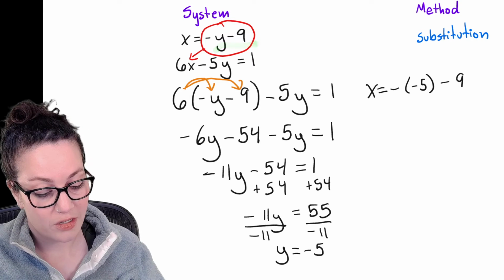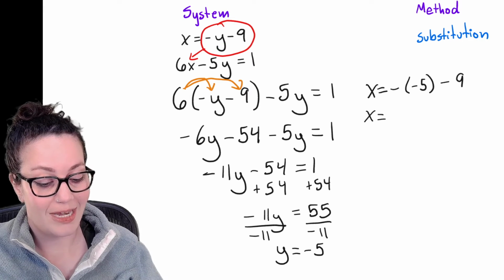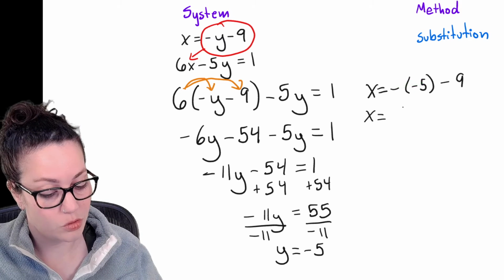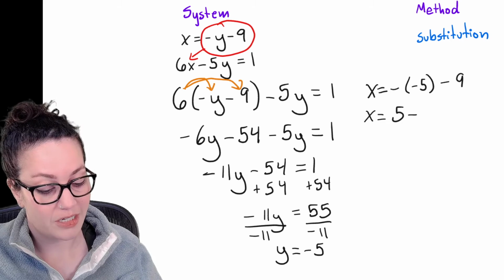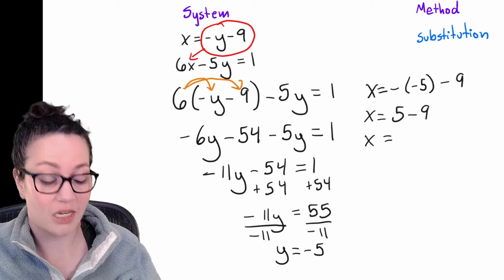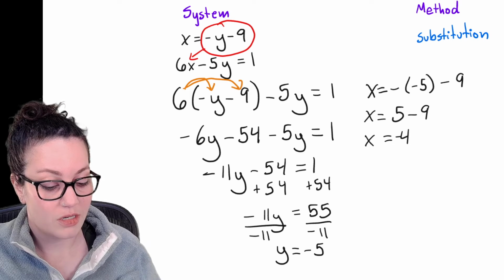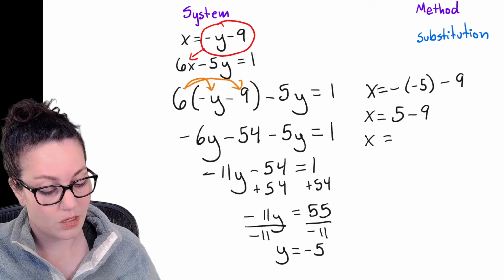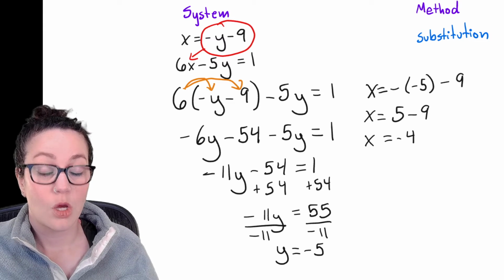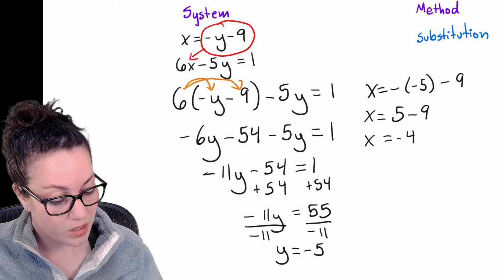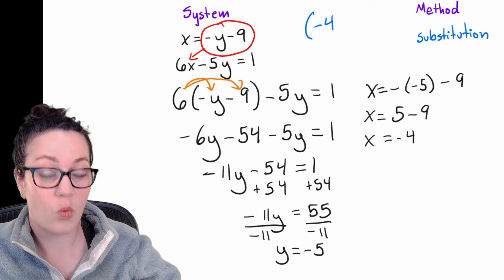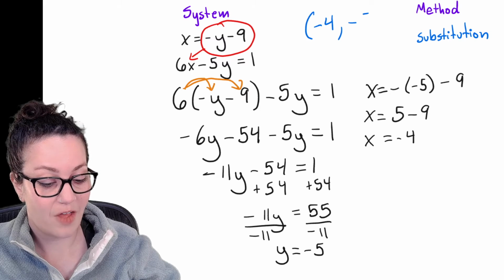Then we simplify. X is equal to a negative of a negative. Negative times a negative is a positive, so this will be positive 5 minus 9. Simplify. 5 minus 9 is negative 4. So now we are pretty sure our solution is negative 4, negative 5.